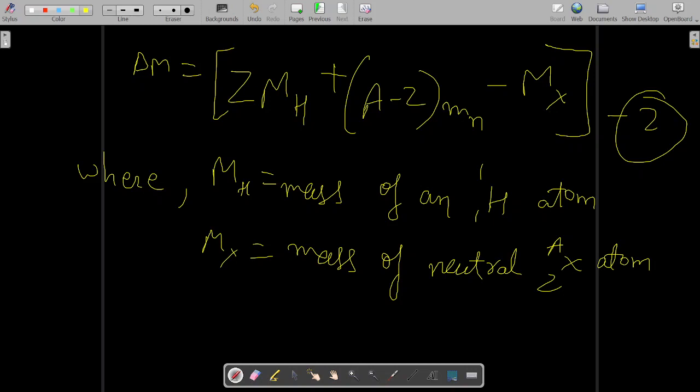Now we have neglected the small difference which appears on account of the binding energy of electrons. See, during the formation of a nucleus from individual nucleons, there is some energy lost in the form of delta E equal to mc square.